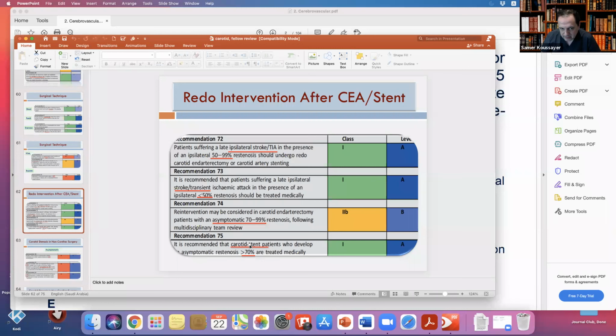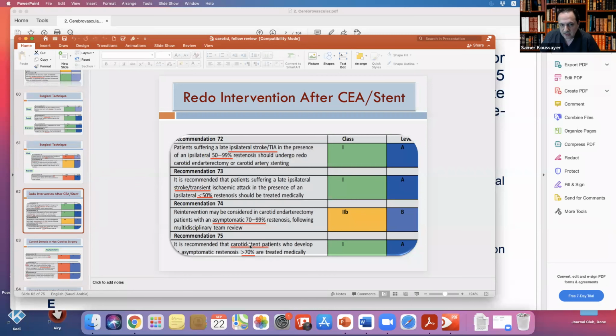But if he has a stent and restenosis of more than 70% and is asymptomatic, it should be treated medically. Why? Because if he had carotid surgery, you can either redo surgery or re-stent. But if you have a carotid stent, re-stenting is not good because it is already a small artery with another stent. And going with surgery will be very difficult because you cannot remove the stent; you have to do a major surgery.